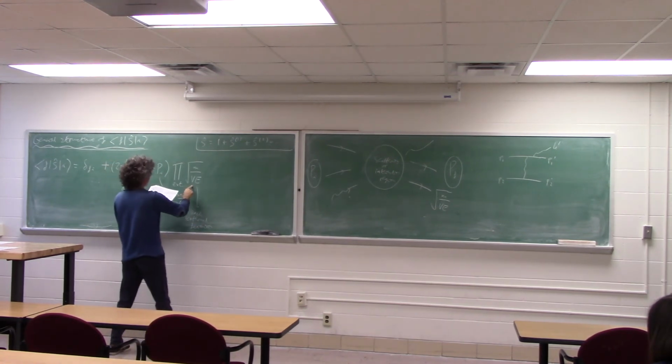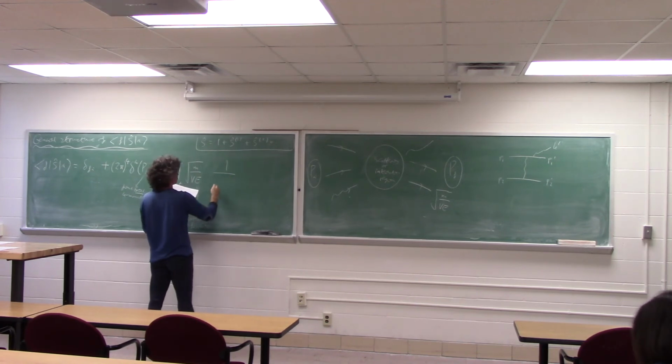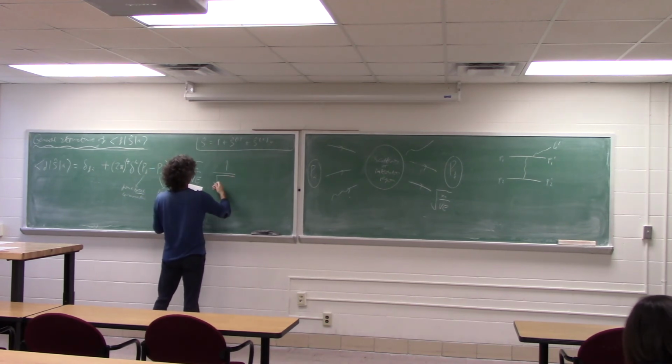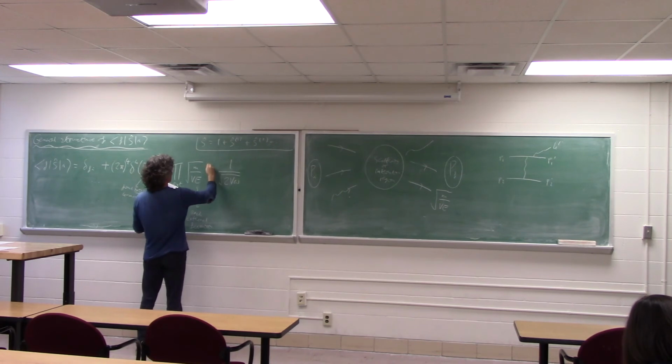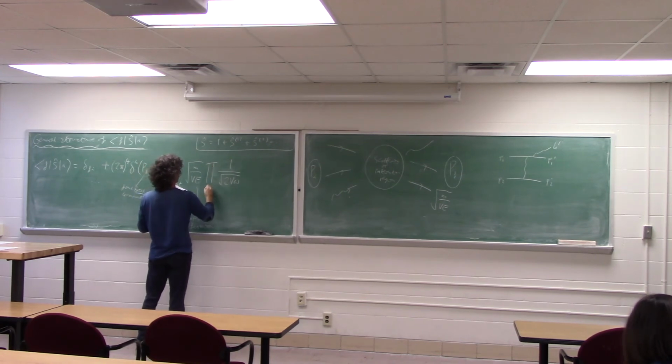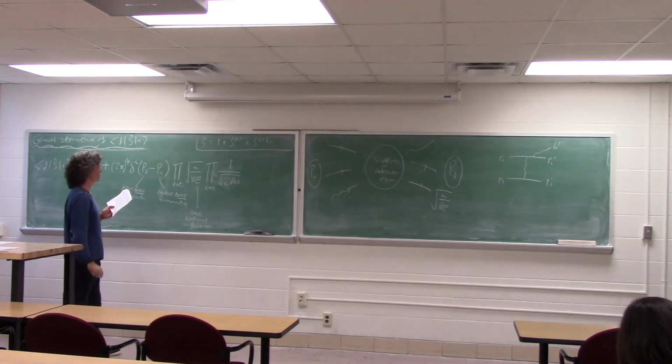Then for each external photon, there's a factor 1 over the square root of 2V omega. Here again, I can write this as a product over the external lines.